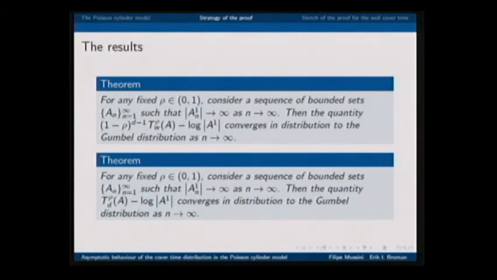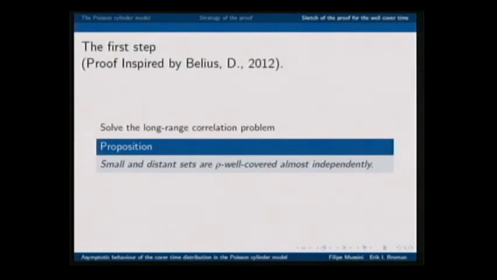It's very simple. So I'll do this for the well cover time. This was based on a proof by David Belius in 2012, where he did something similar, some covers, but in a completely different setting. But the steps are the same. The difference is we have to do things again.